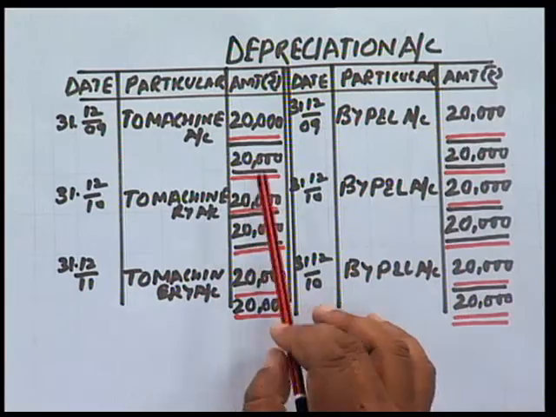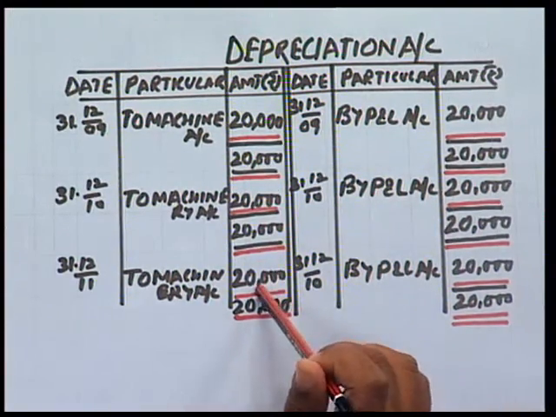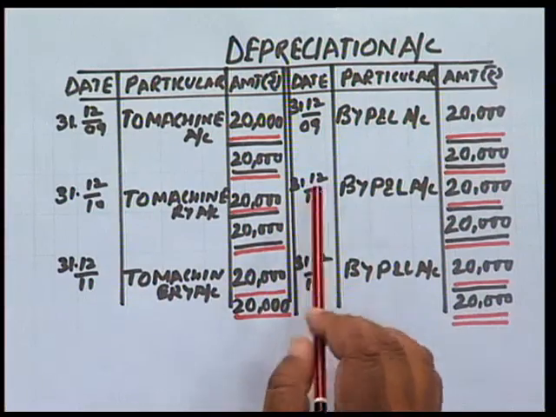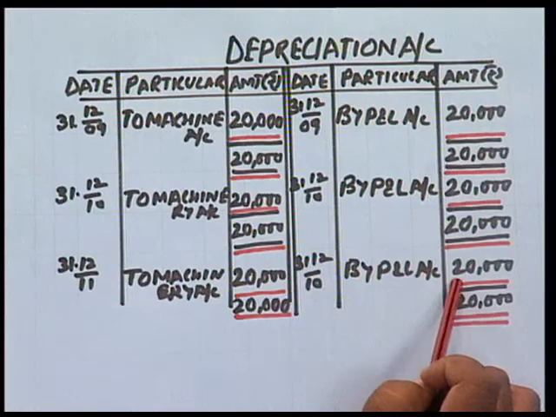So every year 20,000 rupees has been charged as depreciation, and all 20,000 of every year has been transferred to profit and loss account.